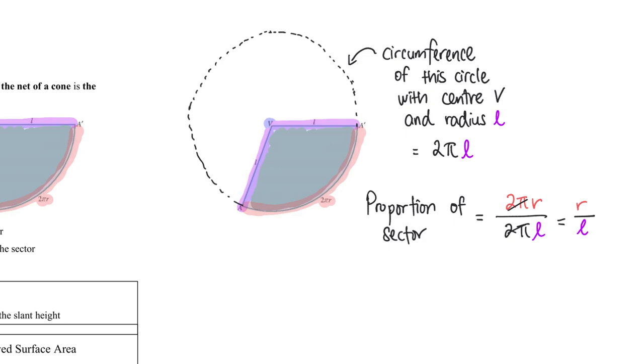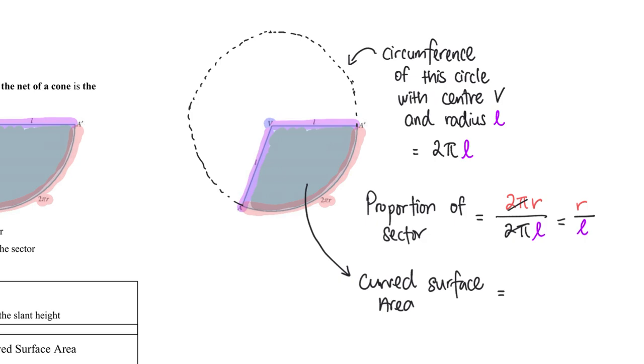Why? Because to find this curved surface area, it is a portion of this big circle, am I right?